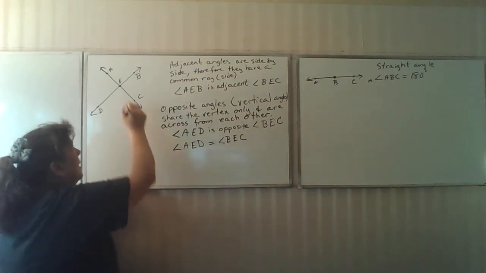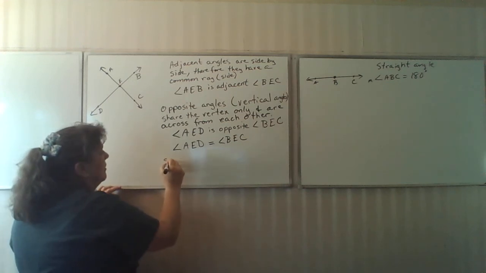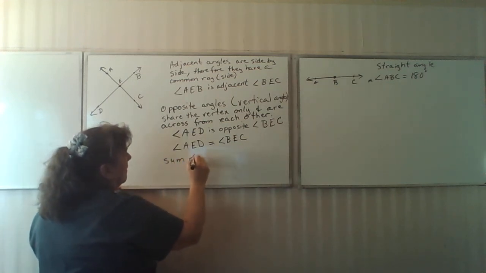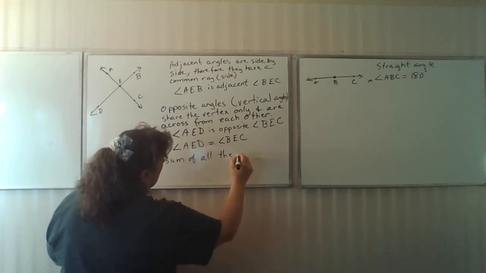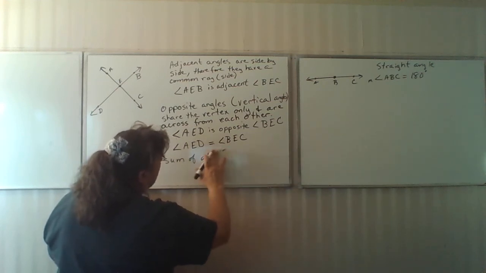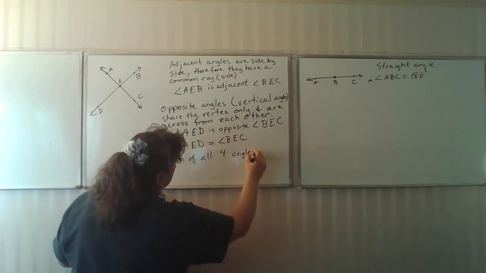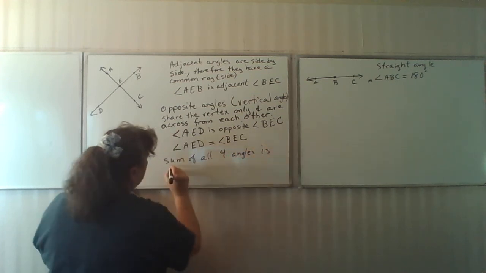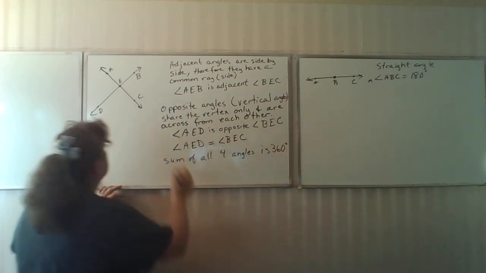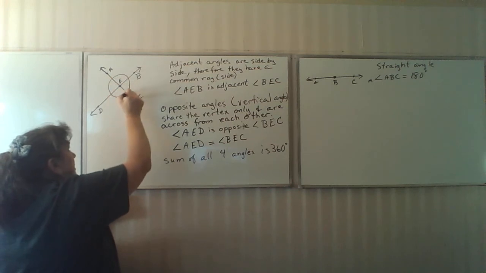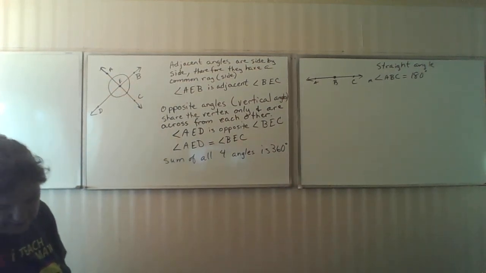Now, the sum of all the angles in here, of four angles, is 360 degrees, because they form a circle if you think about it, and a circle has 360 degrees.